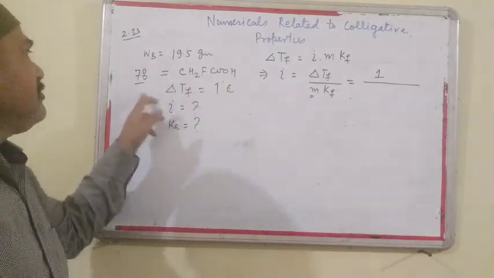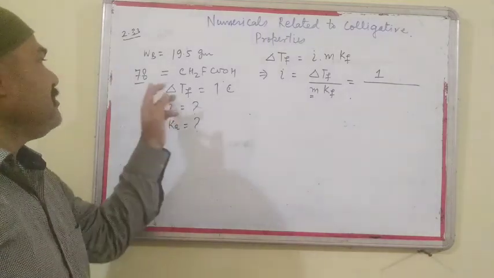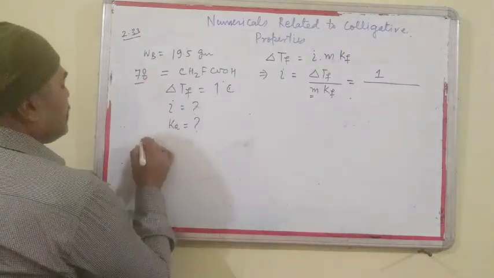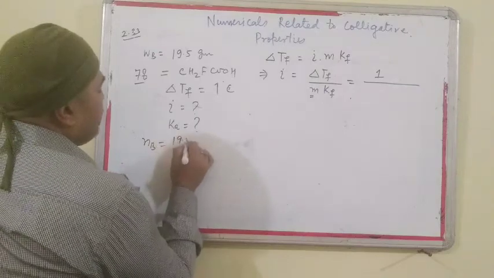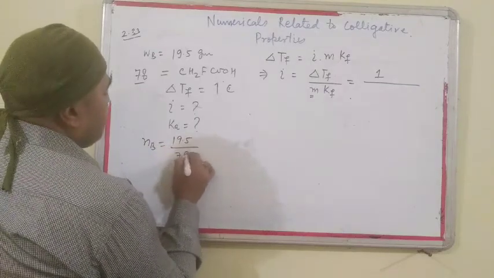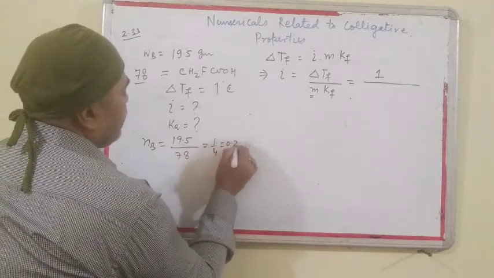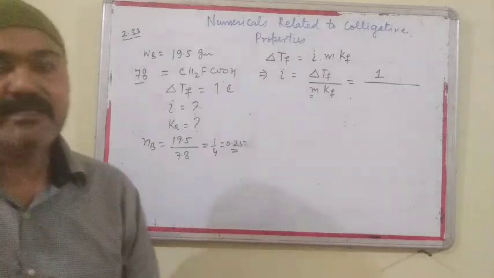Overall, on summing that, we get the molar mass 78. So the number of moles of the solid is 19.5 divided by 78. This is 1 upon 4, or you can say 0.25. Is it clear?